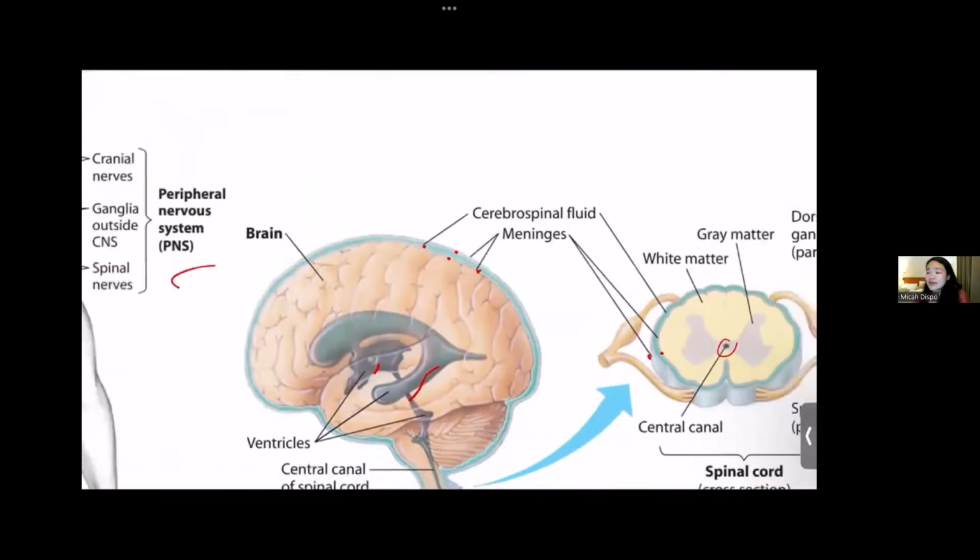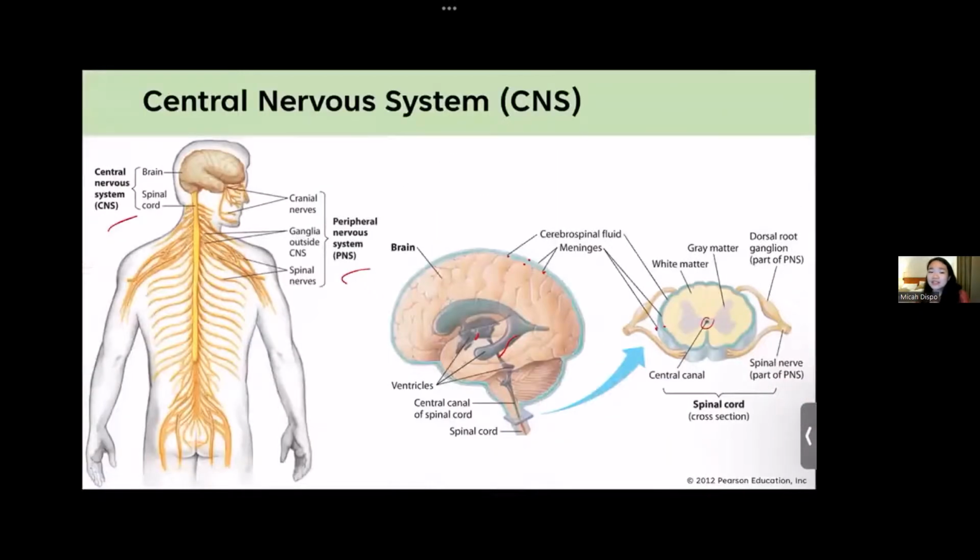Now, the blood-brain barrier, not shown here in the picture, is also another mechanism that protects the brain. So this is due to brain capillaries that allow only the essentials like oxygen to pass into the brain. But this blood-brain barrier keeps out many other chemicals.